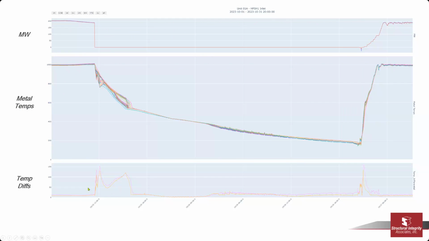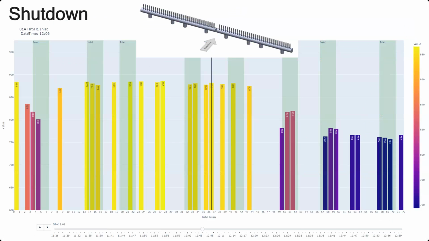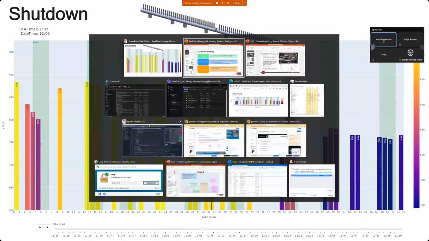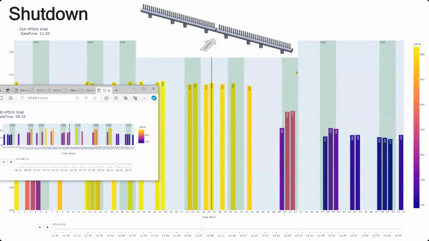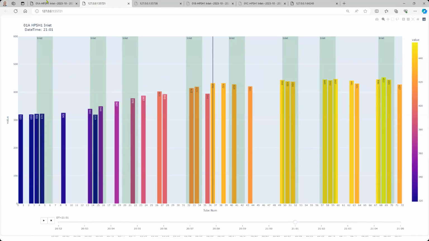So you can see during the shutdown, there's a period where some of these tubes are getting shocked down in temperature as this goes on, and that leads to some higher differentials. I'll zoom in on the next plot. I've got somewhat of an animation of this.